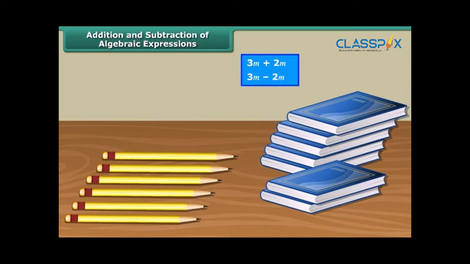Again, we can't combine these objects since they are different. However, if we remove 1 pencil from 6 pencils, then we are left with 5 pencils, but still we have the 7 books. So you can see it's quite similar with algebra. We can only add or subtract similar objects.